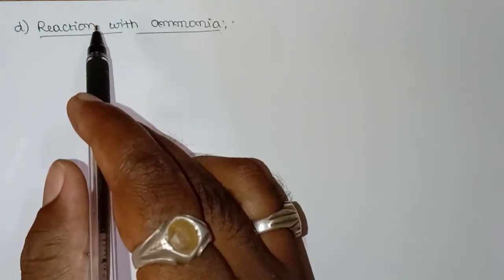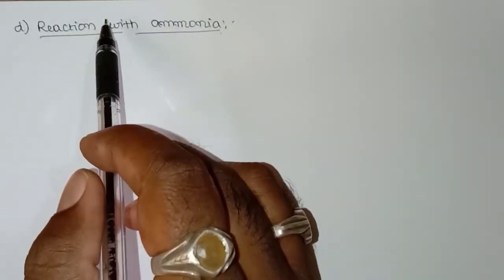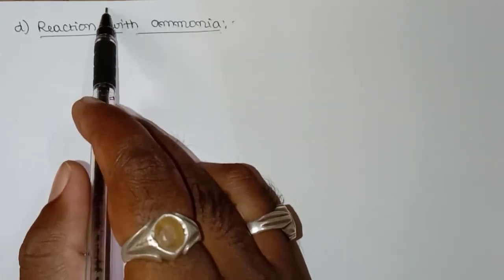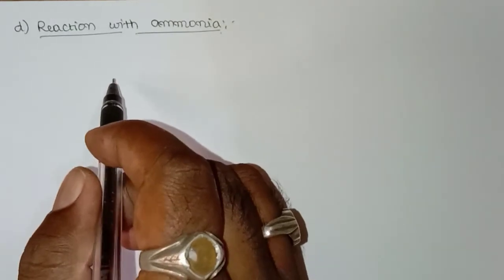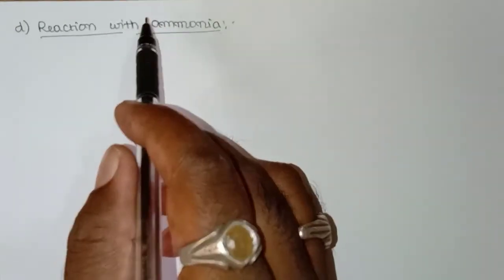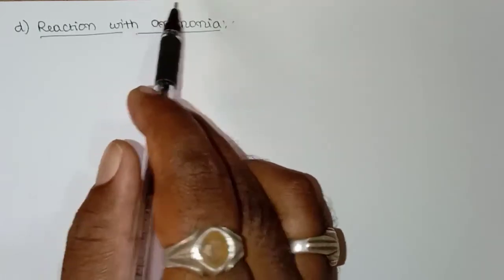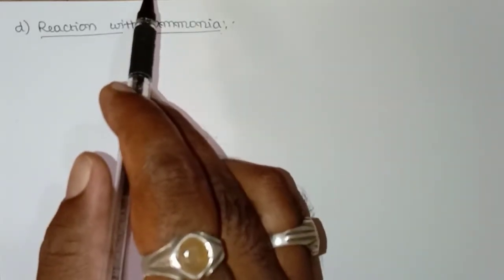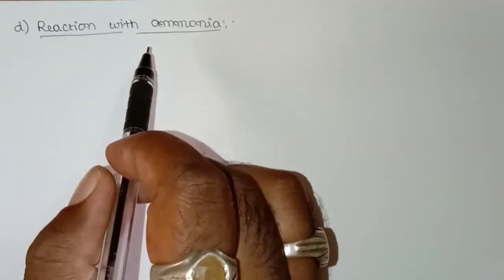In all those 3 reactions, we have noticed that the alpha COOH group of the amino acid tends to react with the reagent so as to produce the product. But here, the reaction of ammonia is very special. That means the COOH group which is going to react with ammonia is not the alpha carboxylic group. It should be the non-alpha carboxylic group.